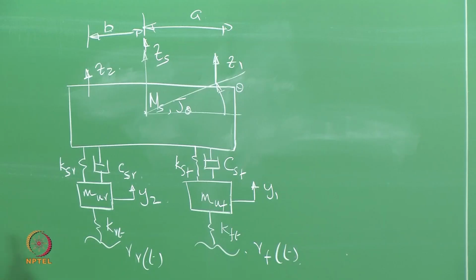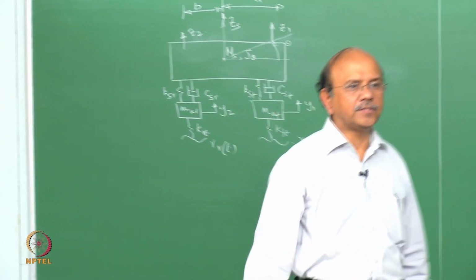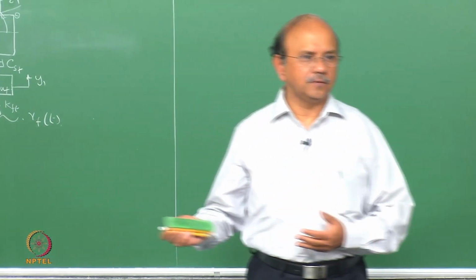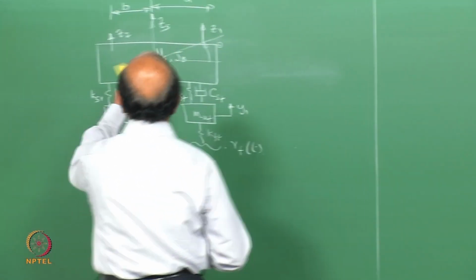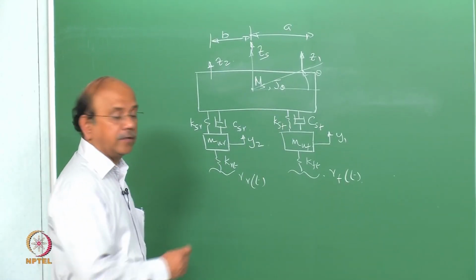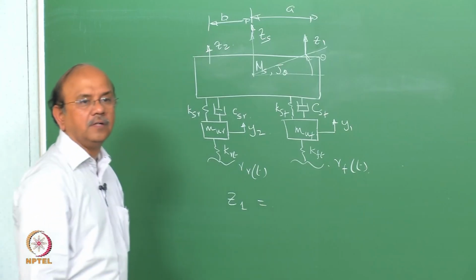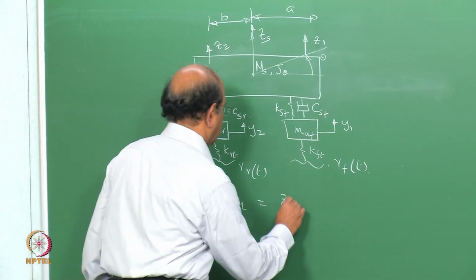Okay. So now what am I going to do? Very simple, nothing great. I'm going to write down all the governing equations, equilibrium equations, which are going to be a second order differential equation. That's all I'm going to do. In fact, you can write it down. There's no issue. I can write this in terms of s and theta, or in other words, it's possible to relate both by means of this relationship.